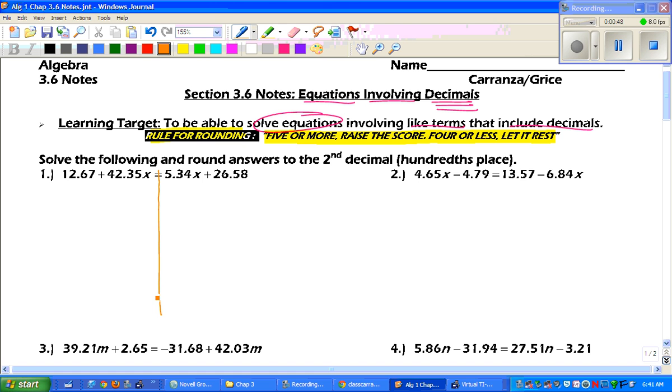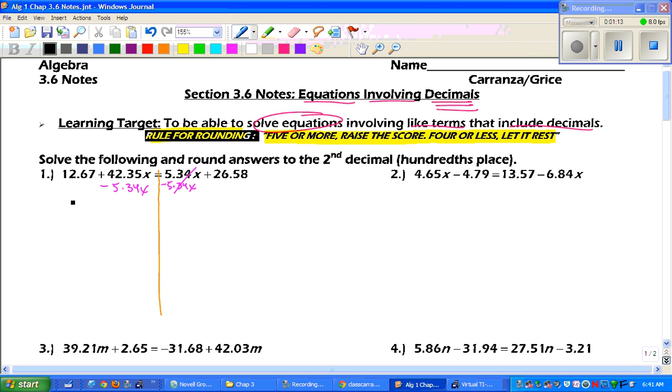All right, when we have this problem, 12.67 plus 42.35x equals 5.34x plus 26.58. Remember that we want our variables on one side. So the first thing that I'm going to be doing is moving my 5.34x to the other side.